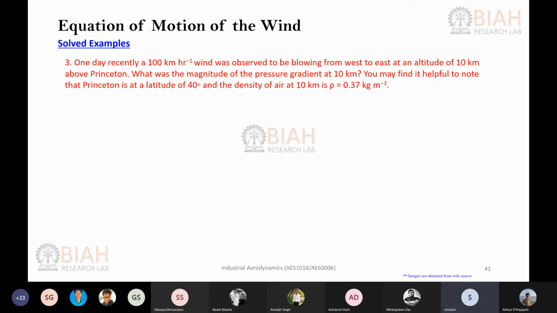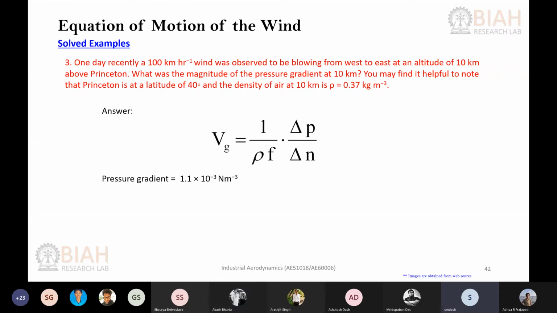Anyone could solve? So 1.09 into 10 to the minus 3... Yeah, so something nearby 1.1 into 10 to the minus 3.